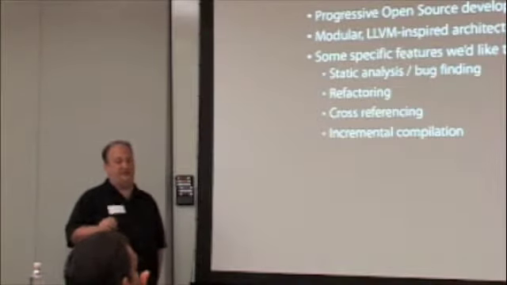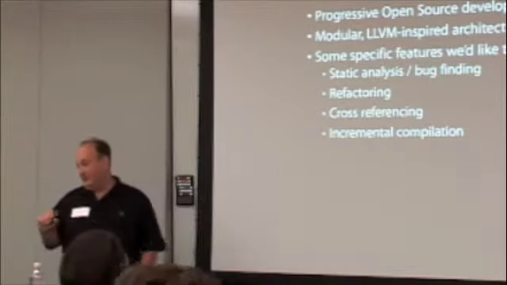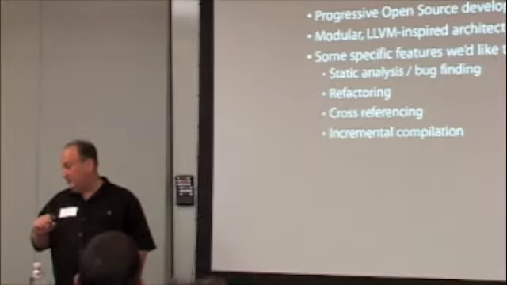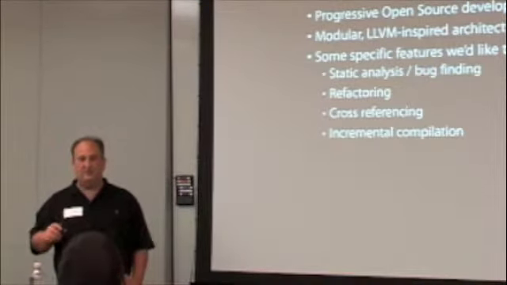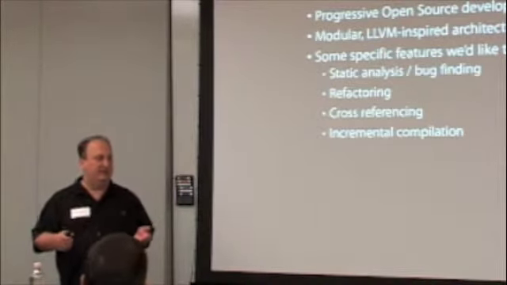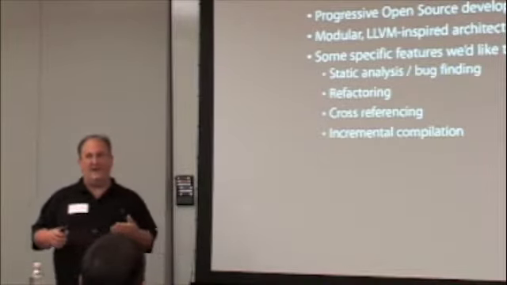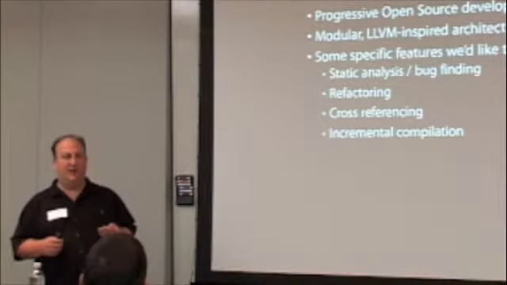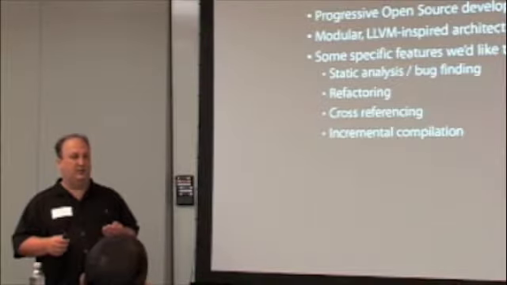I want to talk a little bit about what I mean by progressive. In some compiler communities, even using object-oriented programming techniques is considered a radical idea, right? And at Apple, we've benefited significantly from object-oriented programming.